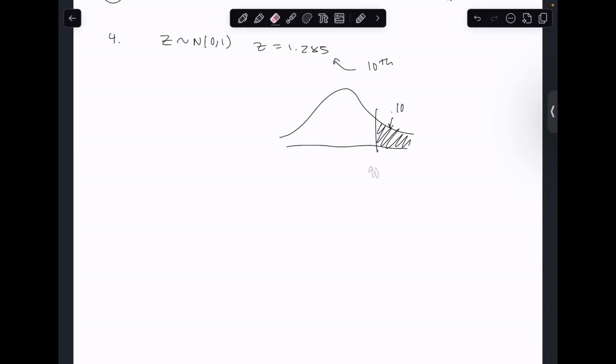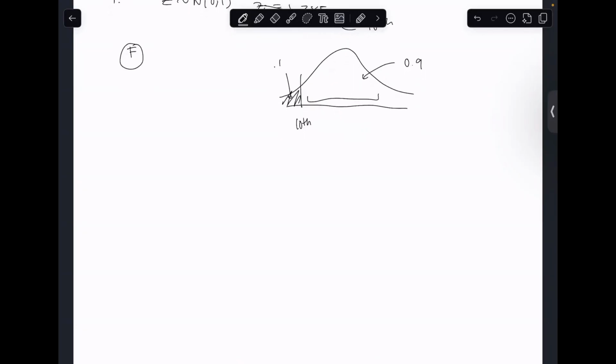Or not 90th, sorry, we're looking at the 10th percentile. So this is my 10th percentile, meaning 0.1 lies below, meaning that 0.9 lies above. Since the table shows probabilities above, I would want to find this right here, wherever it equals 0.9. And if I go on the table, that is not 1.285. And so therefore it is false.